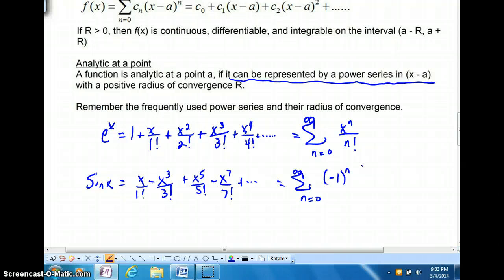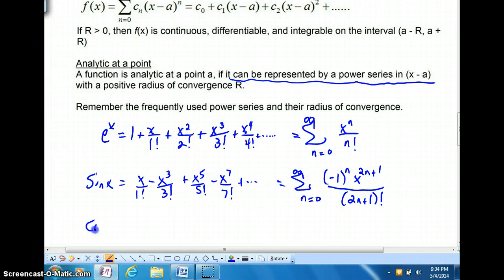Let's have negative 1 to the n. Start at n equals 0. Odd powers. What would odd powers look like? Well, perhaps 2n plus 1 would suffice. Down below we have factorials that are going to have the same exponent value in front of the factorial. So we'd have 2n plus 1 factorial.